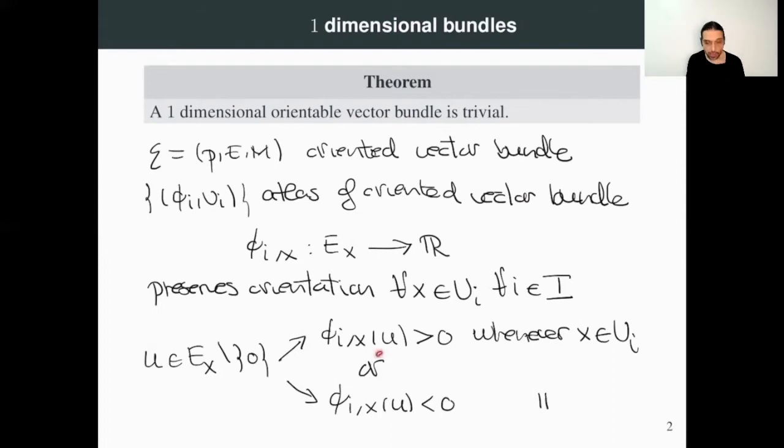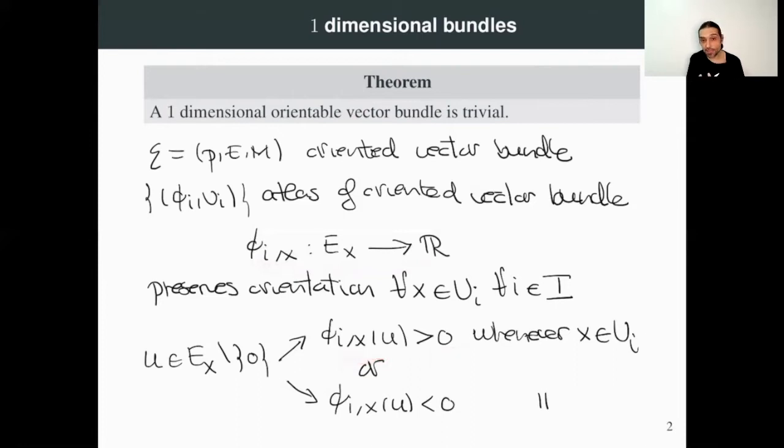Because if the set consisting just of u is a base of the fiber Ex, and if that base is positively oriented, then since this isomorphism preserves orientation, the image has to be always positive.